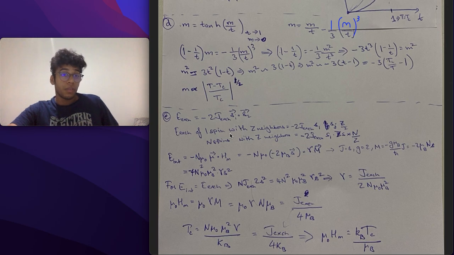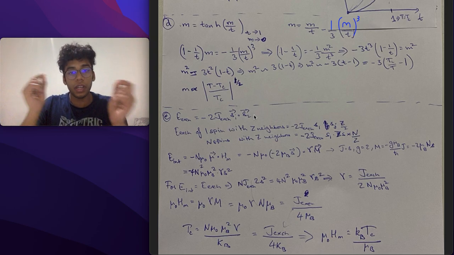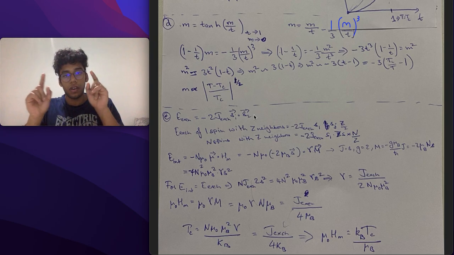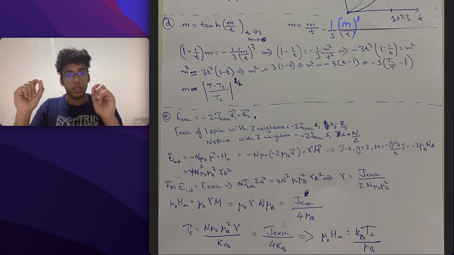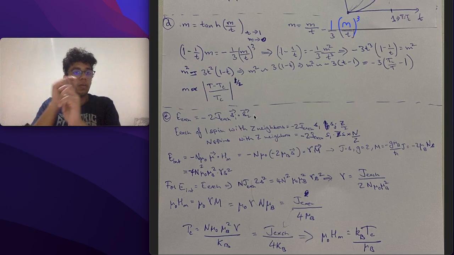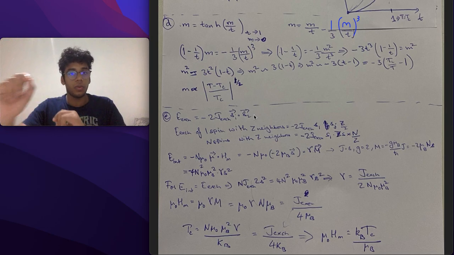We consider something called the exchange energy. So what is exchange energy? When two neighboring spins are interacting with each other, we consider the energy cost for one spin to exchange with the other.